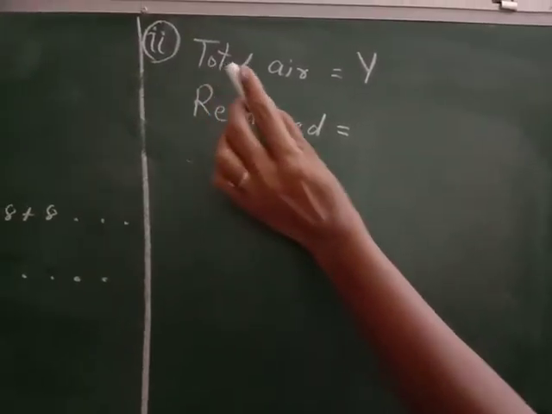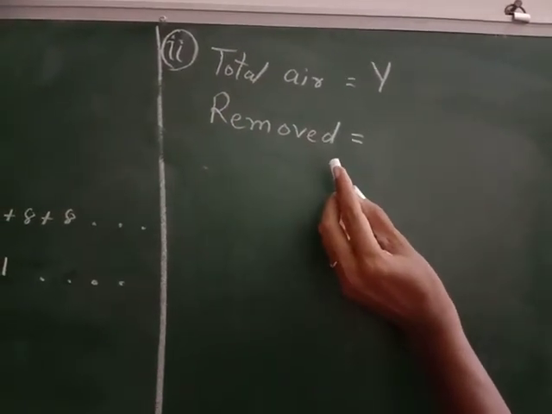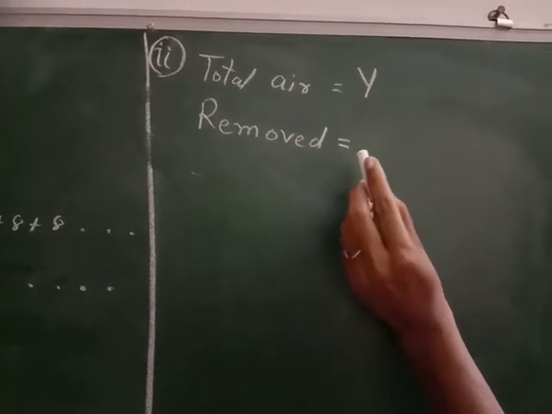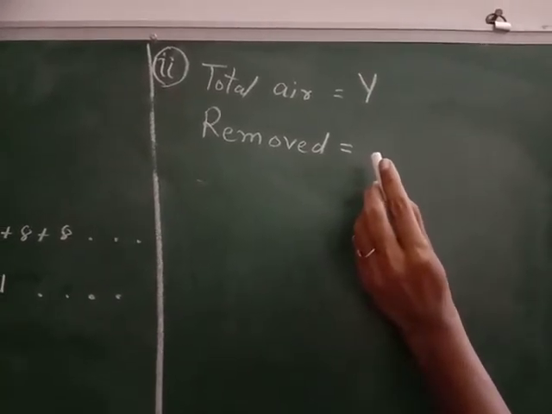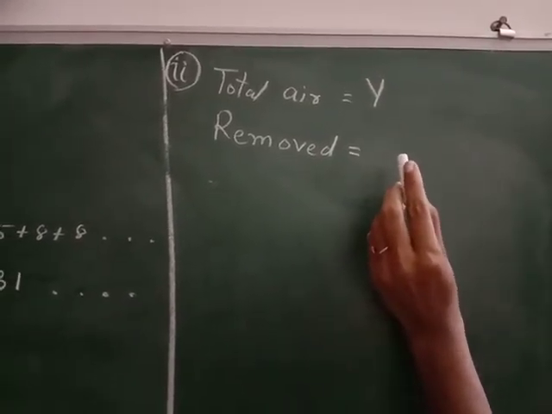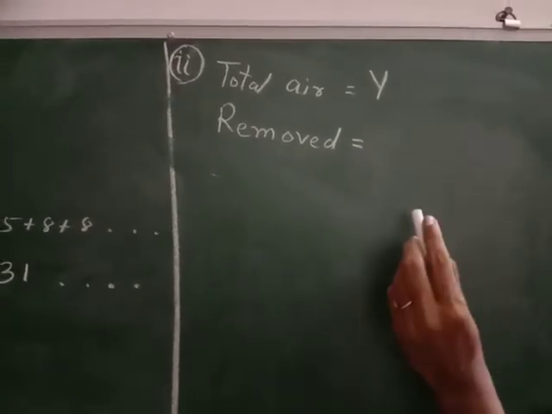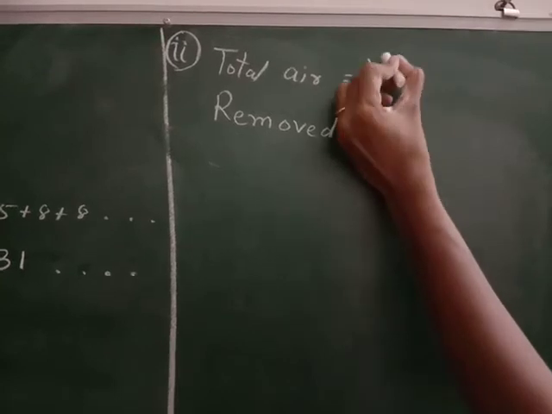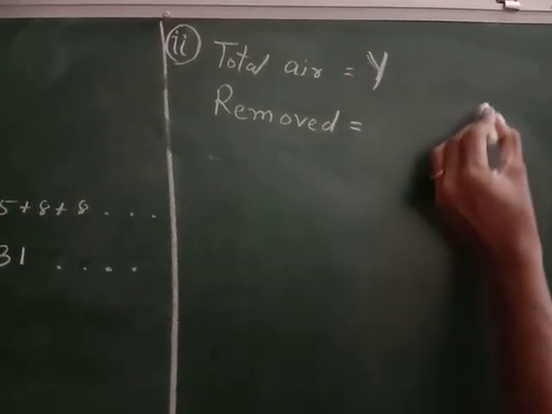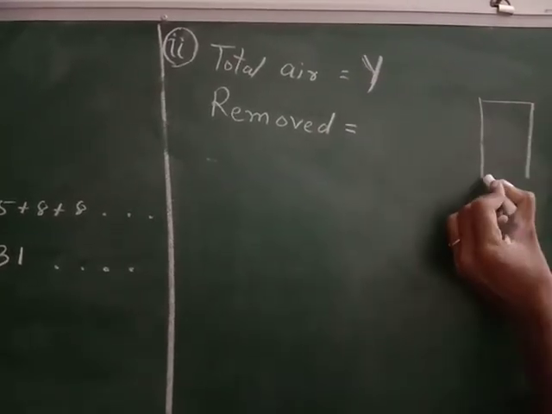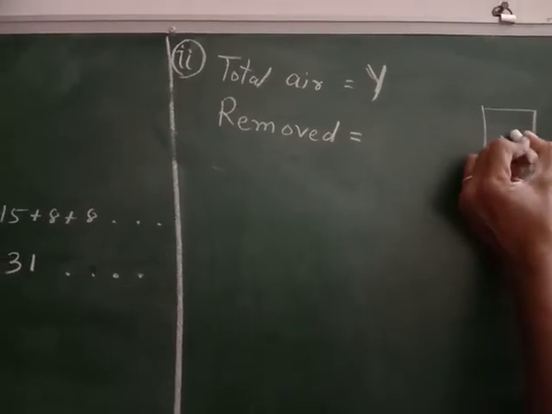Now second part. The amount of air present in a cylinder when a vacuum pump removes 1/4 of the air remaining in the cylinder at a time, whether it is AP or not. Now here, let us assume that Y, amount of air, is present in a cylinder. So let this be the cylinder, and how much amount is present here?